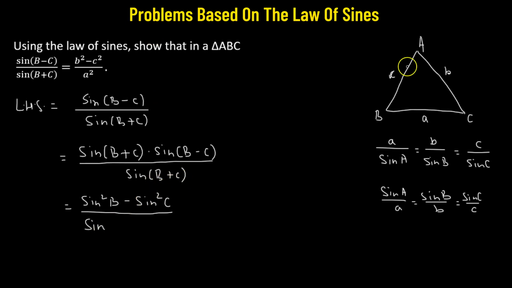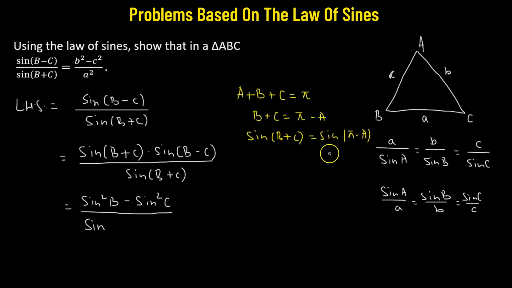But we know that in our triangle, the sum of the interior angles A plus B plus C sums up to pi radians, which means B plus C can also be represented as pi minus A. Now, if we take the sine of the angle B plus C, this is the same as taking the sine of the angle pi minus A. What is sine of pi minus A?